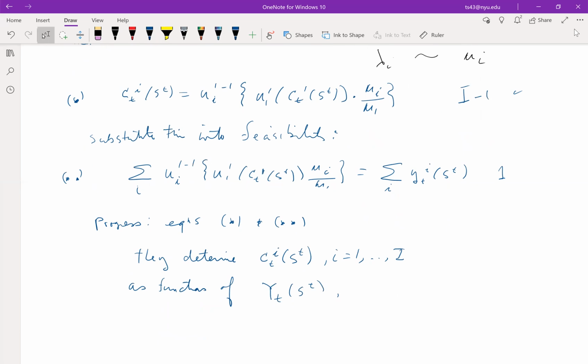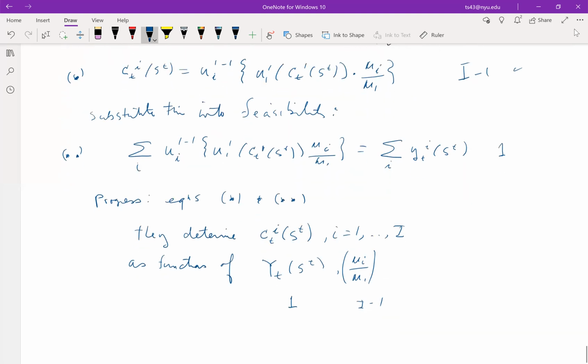And then in addition, we have these multipliers, these ratios of multipliers. And we have 1 here, and we have I minus 1 non-trivial ones here, because mu1 over mu1. So we basically have I equations in I unknowns.